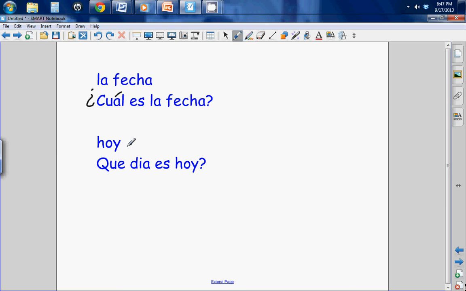This other phrase right here, hoy, means today. So if somebody asks you, ¿qué día es hoy?, they're asking you what day is today. And the response that they're looking for is a day of the week. So if somebody asked you today, ¿qué día es hoy?, the appropriate response would be martes, because right now while I'm making this video, it is Tuesday, and the way we say Tuesday in Spanish is martes. Alright? So I just wanted to point those out to you.